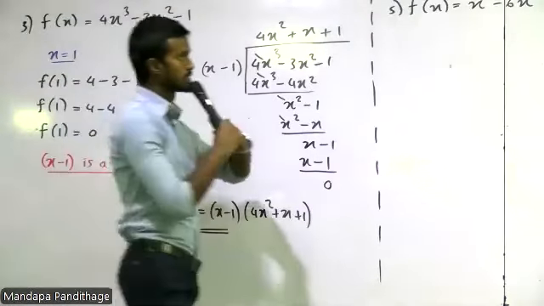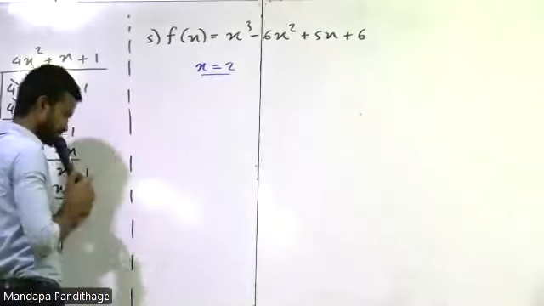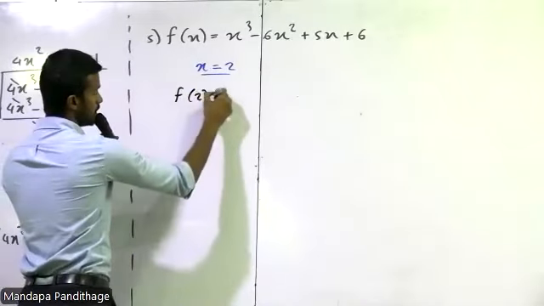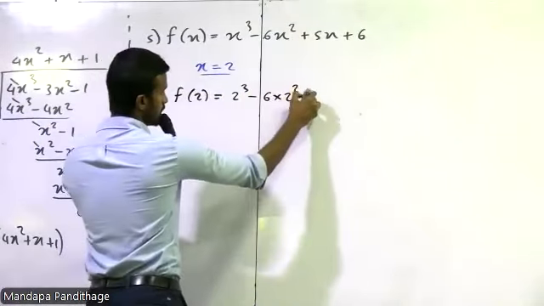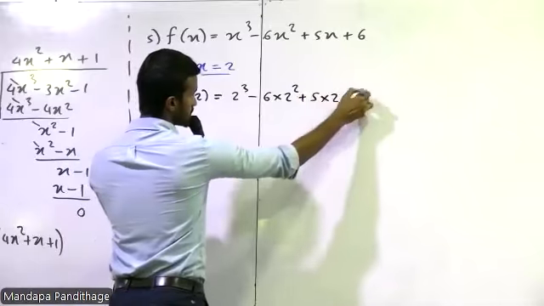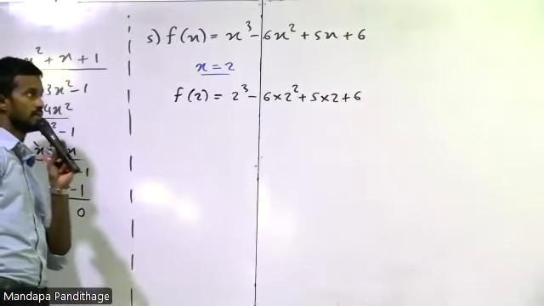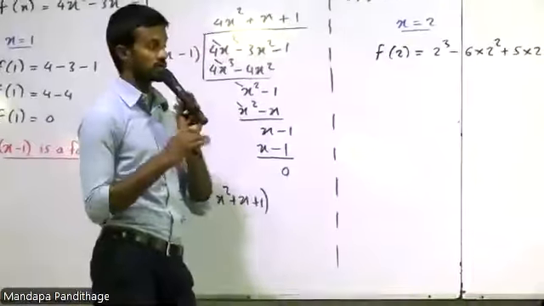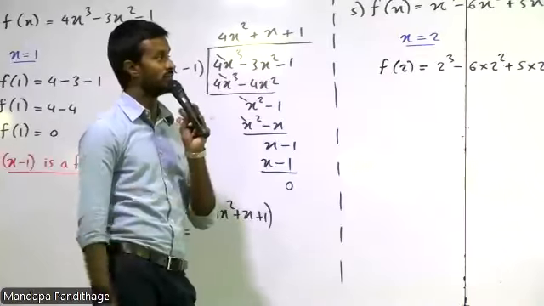We can do this when you put x equals 2. I see a factor. What is f(2)? 2 cubed minus 6 into 2 squared plus 5 into 2 plus 6. Now look at this. When I was walking around, I saw things that you need to slowly improve.